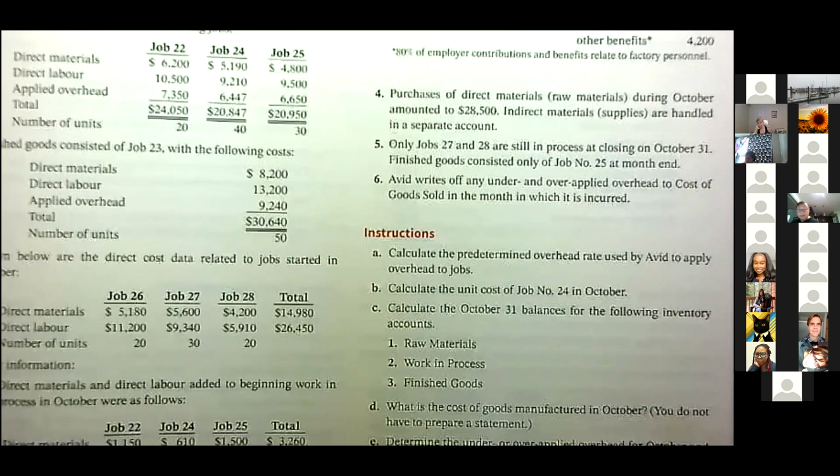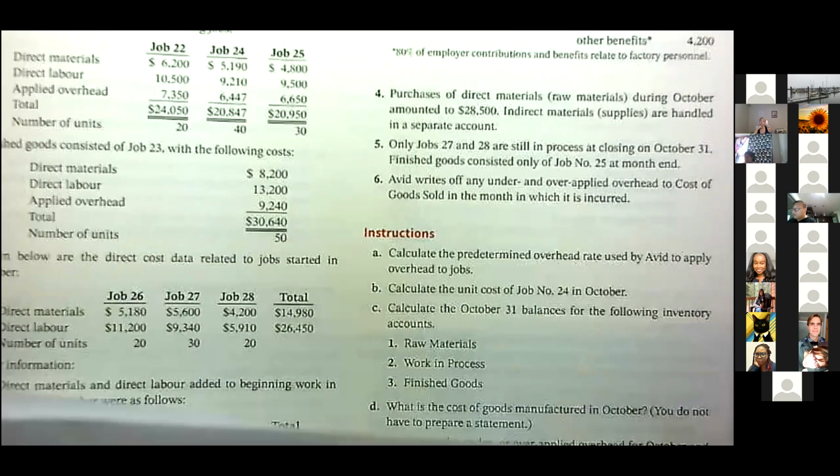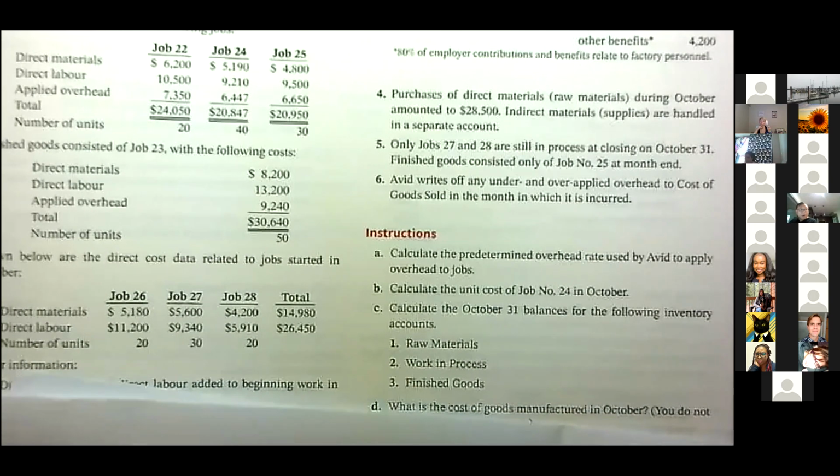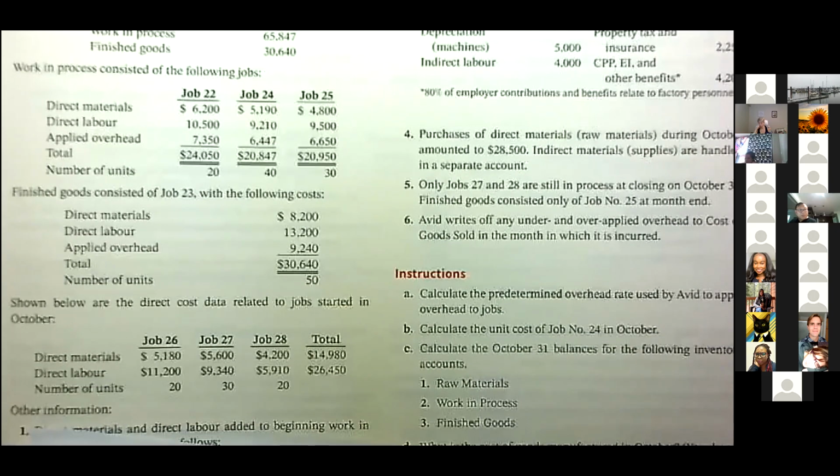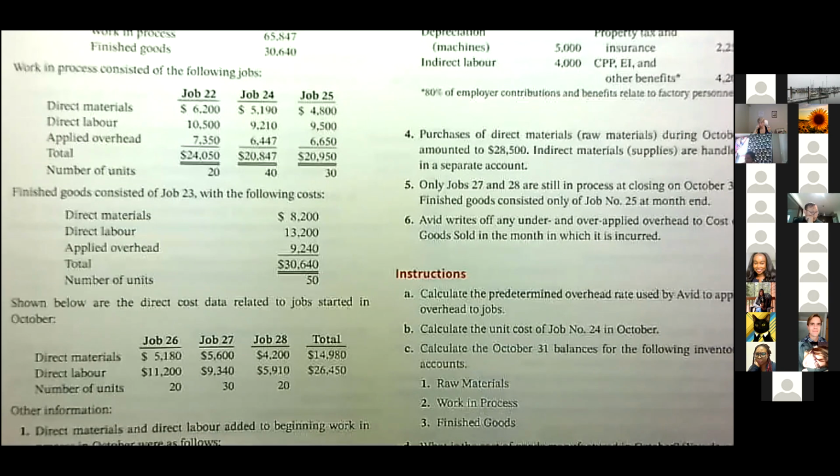Okay, so the second one, calculate the unit cost of job number 24. So job number 24, what do we have? We have the work in process, direct material, direct labor, and in the middle column, 40 units.